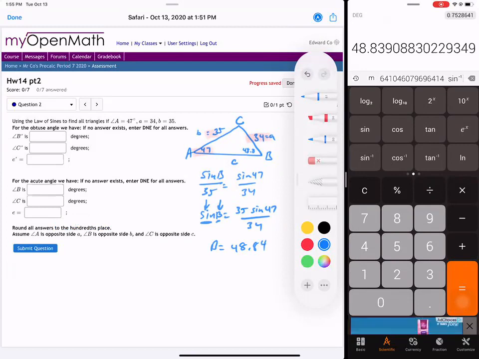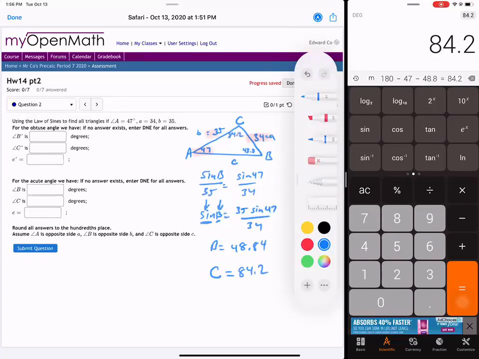Okay, now that we found the second angle, we can go ahead and finish this initial triangle. I'm going to go 180 minus the other two angles I know. I know 47, and I also know 48.8, which I just found. My last angle, angle C, has to be 84.2.